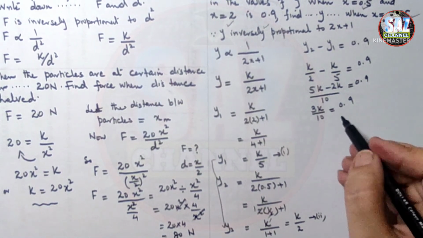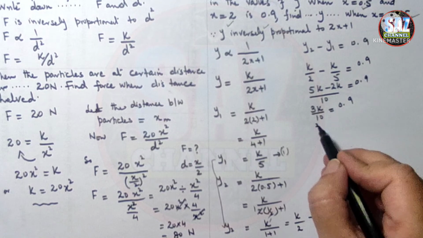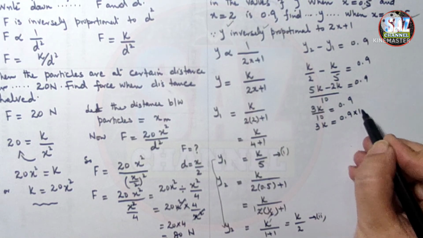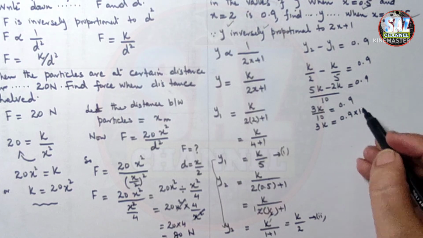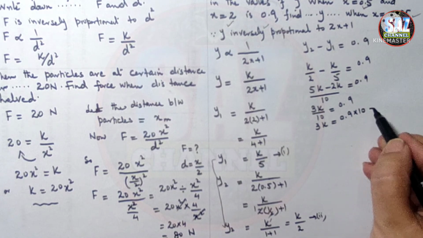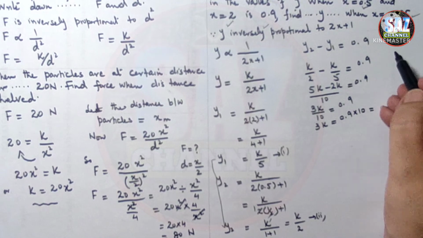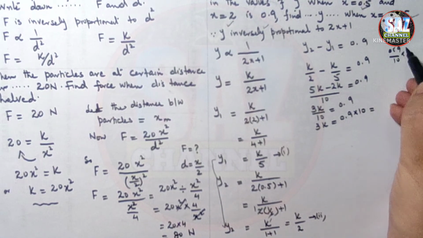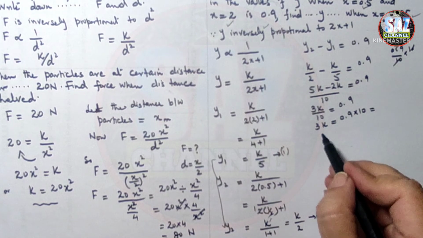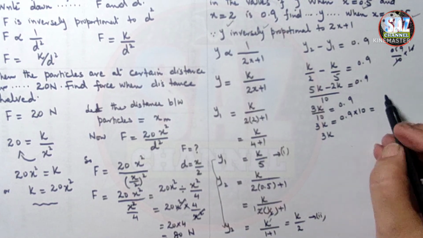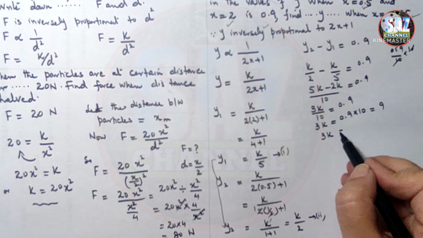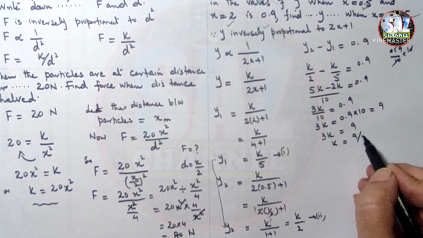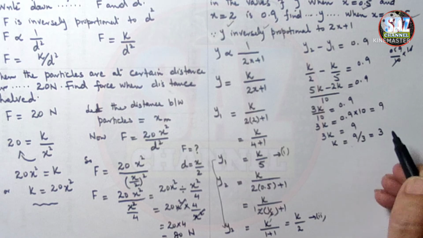Go for cross multiplication. 3k equals 0.9 multiplied by 10, and this will give me 9. How? 0.9, remove the decimal, multiplied by 10, this goes. 3k equals 9, and k equals 9 by 3, which is equal to 3.